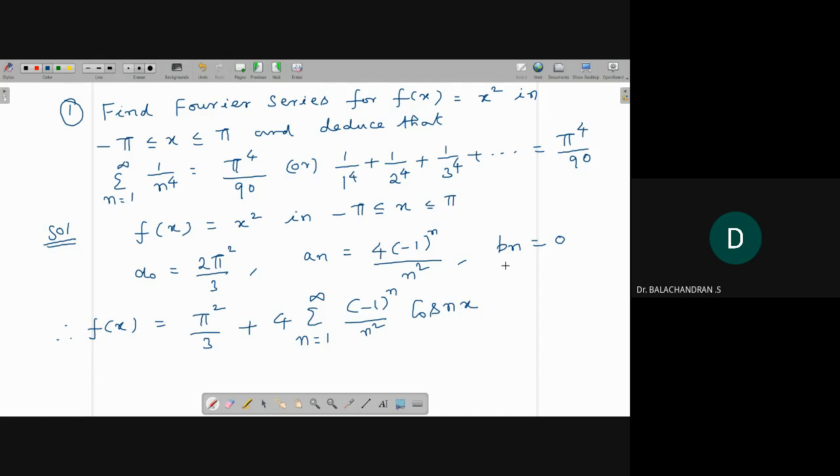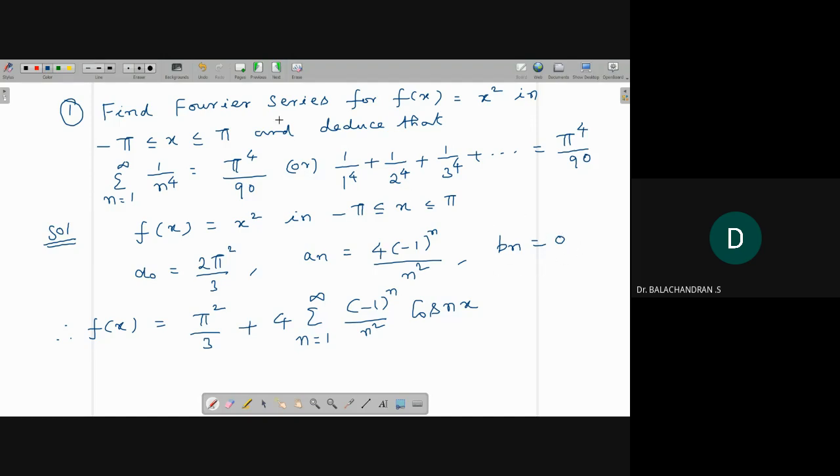Yeah, you can use cosine series, but here the problem is it is a Fourier series. They are not asking for the Fourier cosine series, because this is an even function. That's why bn is 0.